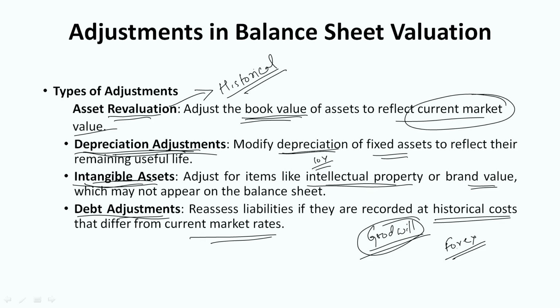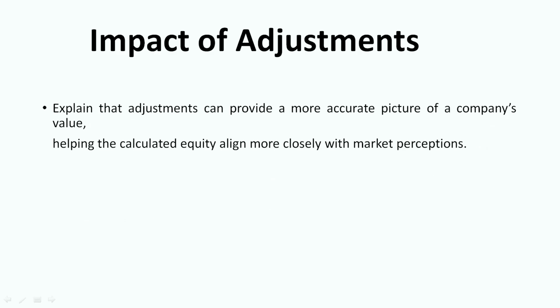If I have borrowed from the US at a 10% rate of interest, and now the value of the currency has changed, the amount of repayment will change because of either appreciation or depreciation of the currencies. So, this adjustment has to be brought about in the balance sheet.